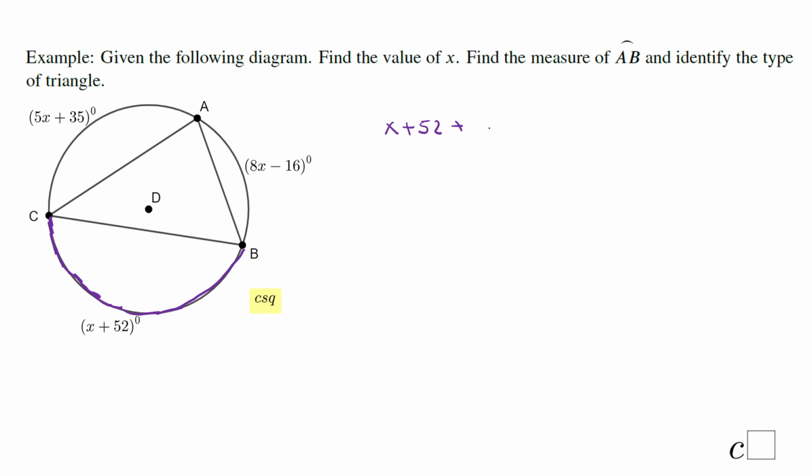Then 8x minus 16 is the second arc, this one. And the last one is this arc. So if we put these three arcs together, if we add them, what do we get here? We get the whole circle. I'm sorry, the whole circle is not 180, it's 360, right?